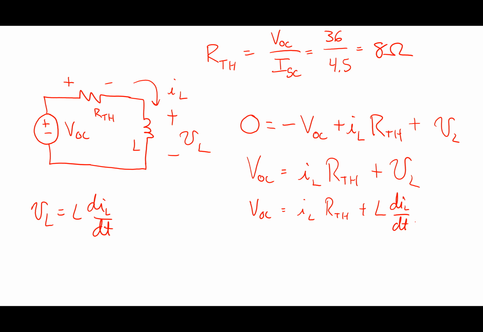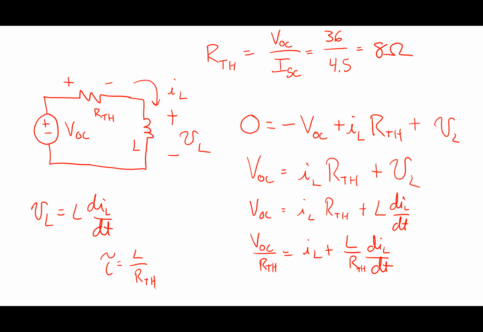Yeah, divide both sides by R Thevenin. I'm going to have VOC divided by R Thevenin equals IL plus L over R dIL by dt. What's my tau here? My tau is L over R Thevenin.